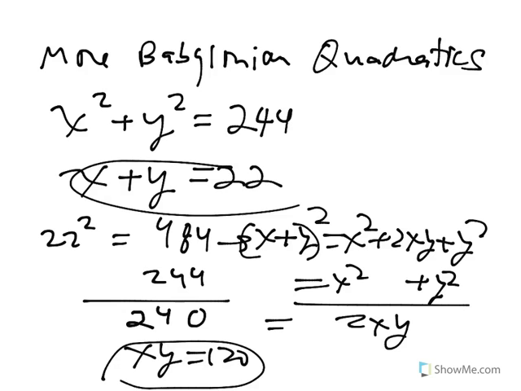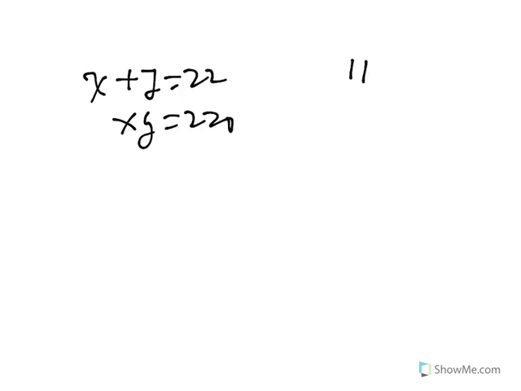So I've now gotten back to my original kind of question. Two numbers, x plus y is 22, and xy equals 120. I solve that by taking half of the 22, squaring it. Subtracting 120 from that to get 1, take the square root of that as 1.